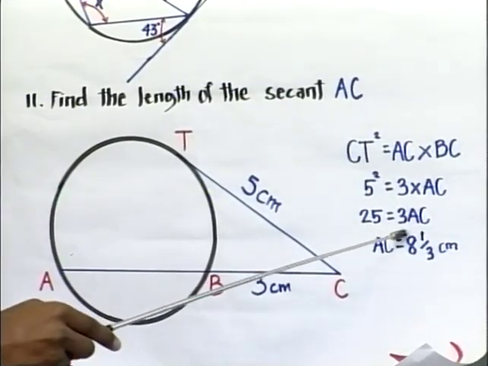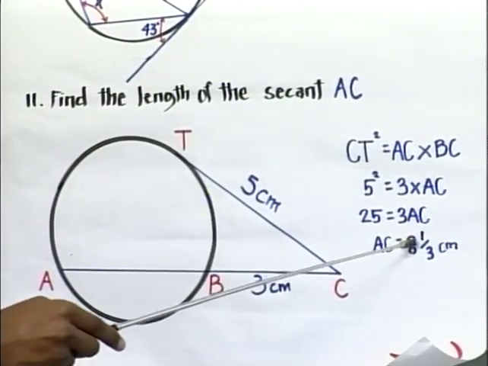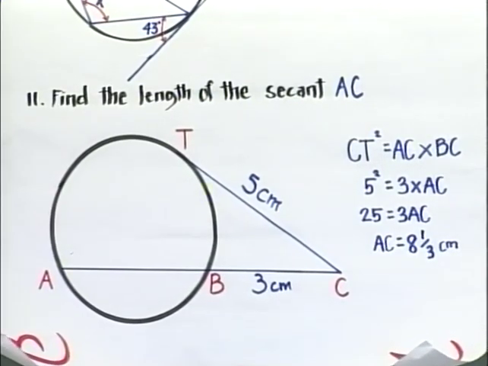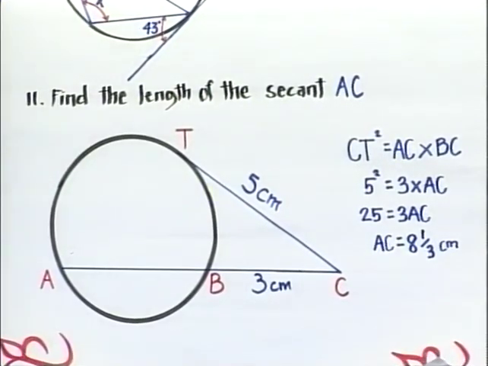Divide by 3 on both sides, you get 8 and 1/3 centimeters, which is the length of AC. Good. You can have 8 and 1/3, and you can also have 8.3 recurring. Group 2, well done.